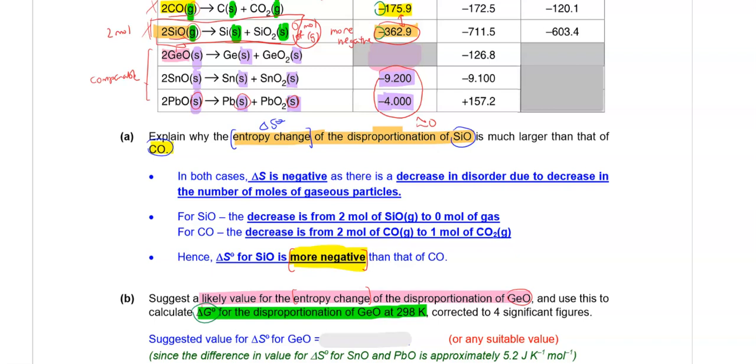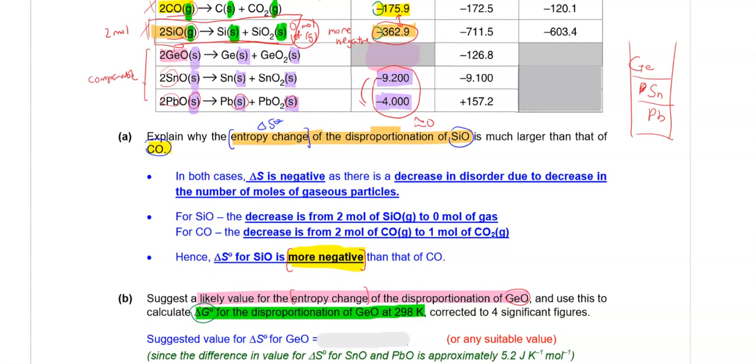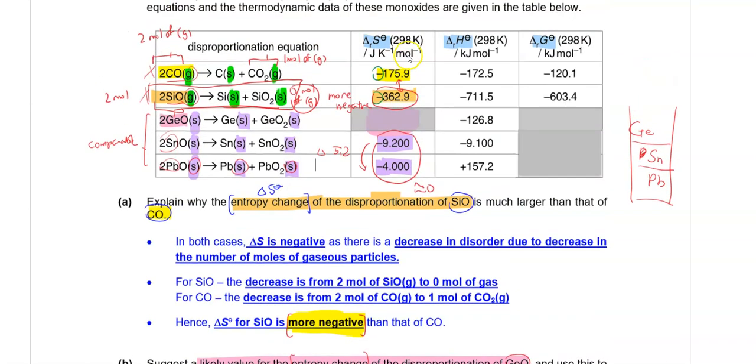Now for the trend between tin oxide and lead oxide: if you look at your periodic table, germanium, followed by tin, and then followed by lead, they are all in group 14. The difference between tin and lead is about 5.2 J per mole per Kelvin.